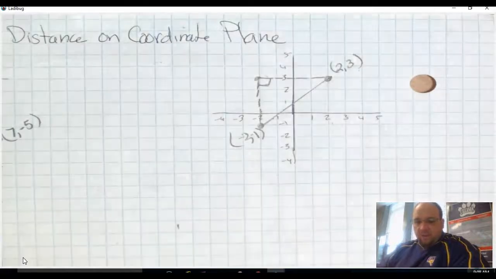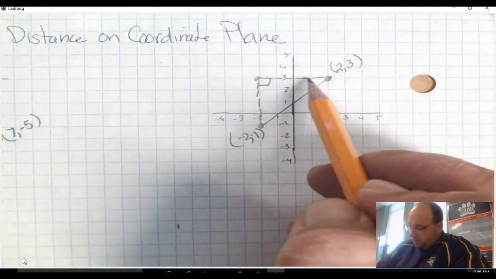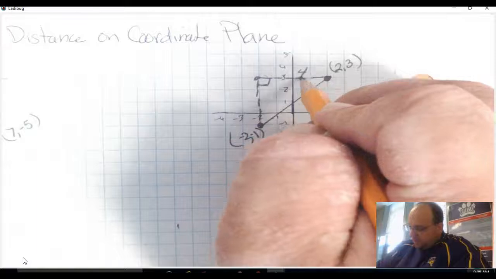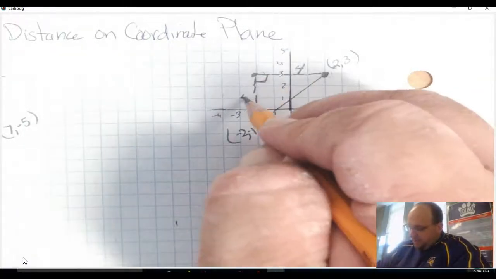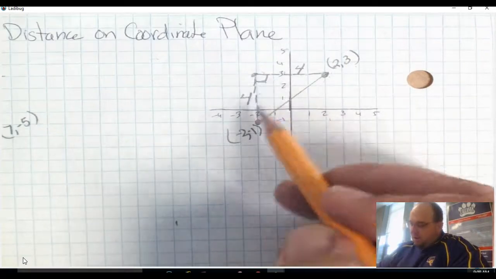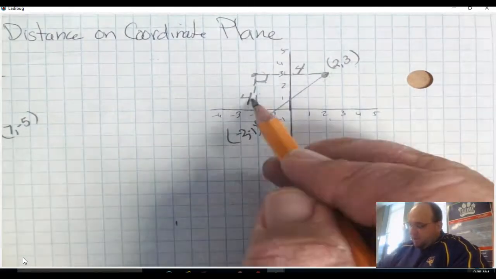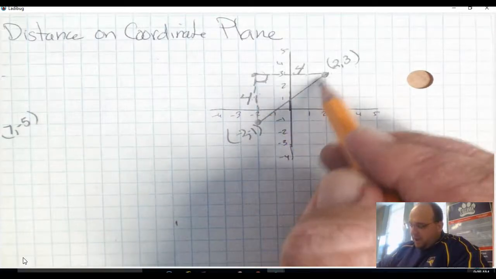Now I need to find my two lengths. 1, 2, 3, 4. So this side length is 4. 1, 2, 3, 4. This side length is 4. So my two side lengths that form the right angle are 4 and 4, which means they are the legs. This is my hypotenuse.